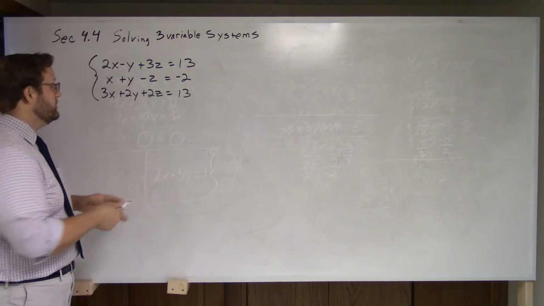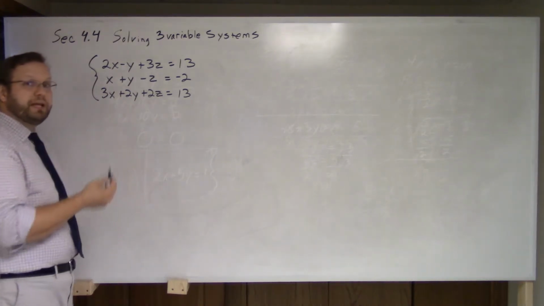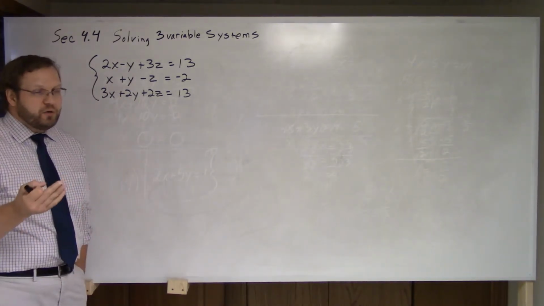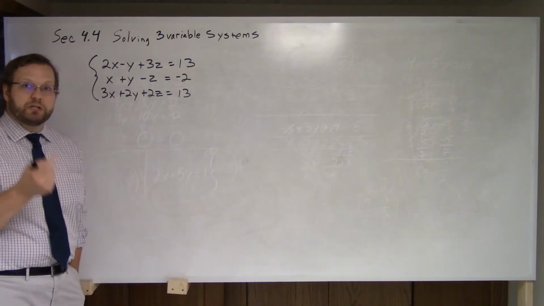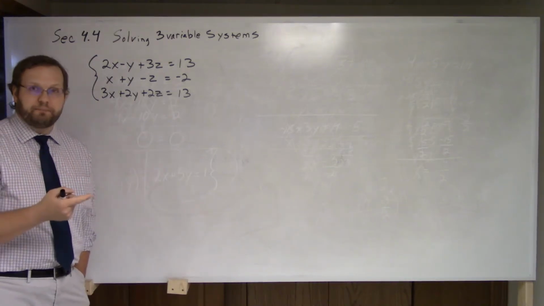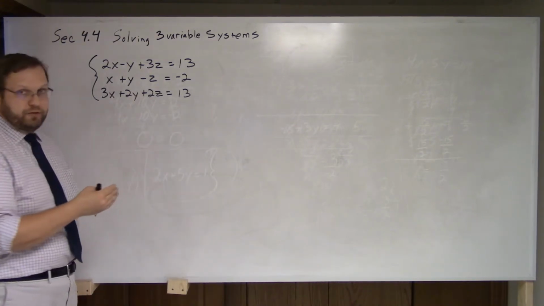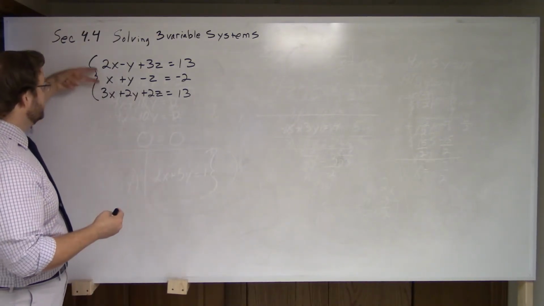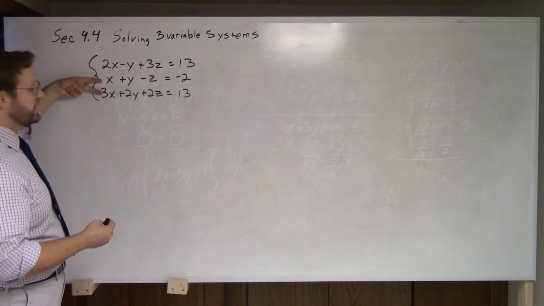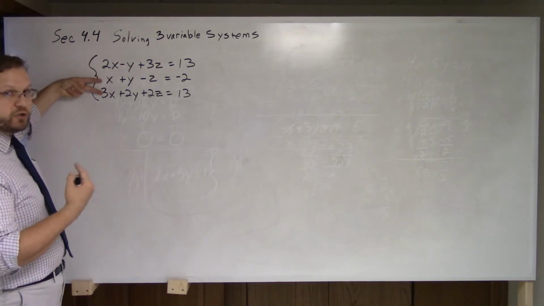What I want to do with this is always pair them up. There's only 3 equations, so when you pair these up, there's going to be one equation you use twice. You can pair them up any way you like, but unless something is jumping out at you, what I like to do is the first 2 and then these bottom 2. So I'm using that middle equation twice.